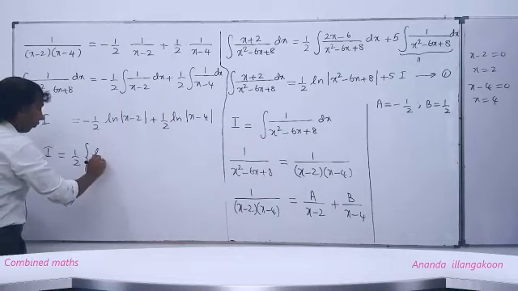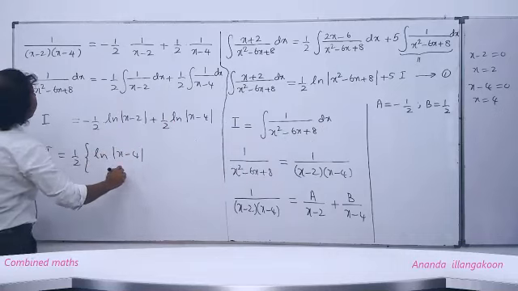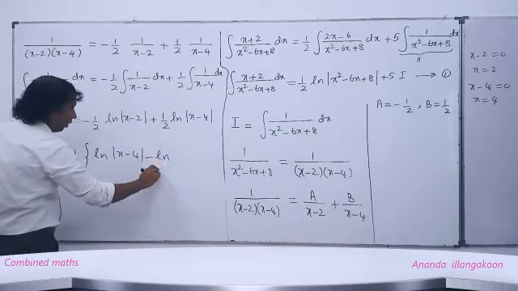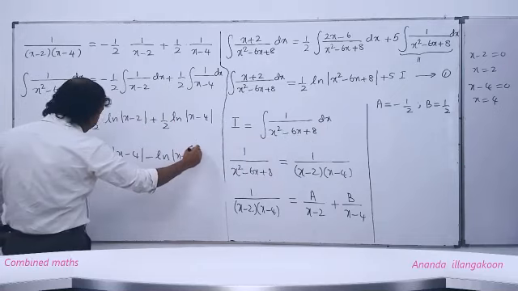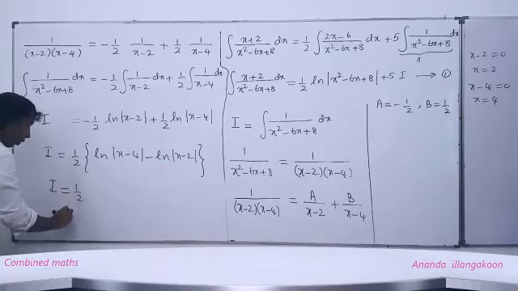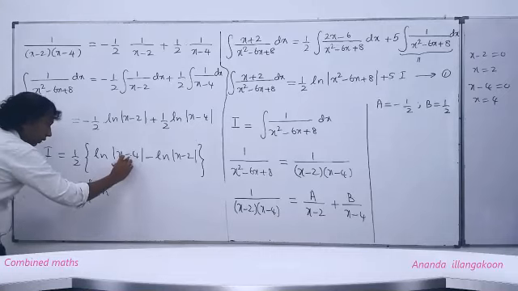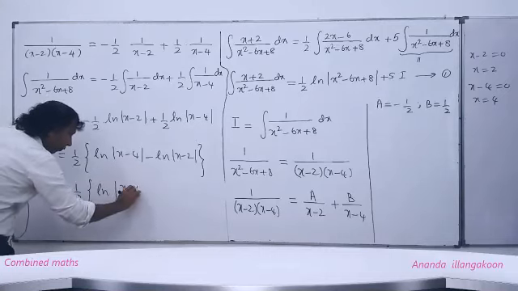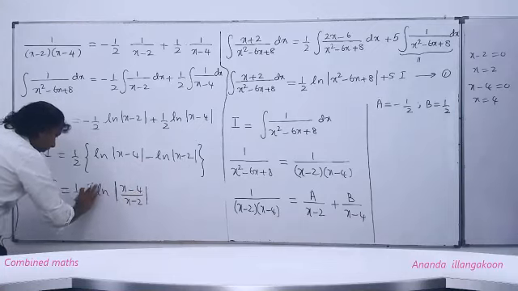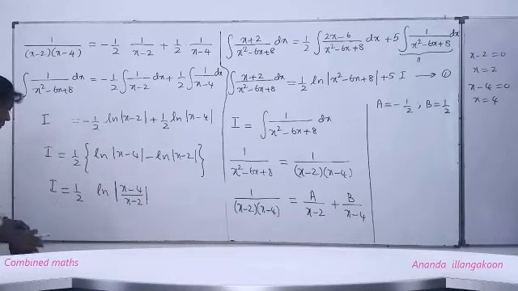Then Ln mod x minus 4 here we have, and minus Ln mod x minus 2. Then how to write this one, people? You can write that one this way: half Ln of this divided by this. Now this I we have.